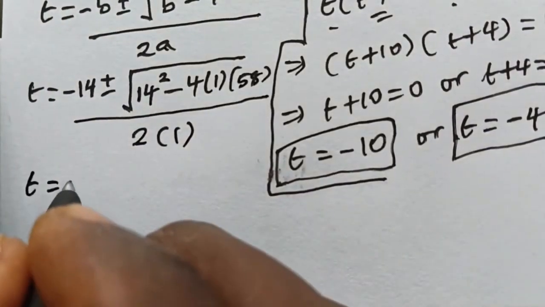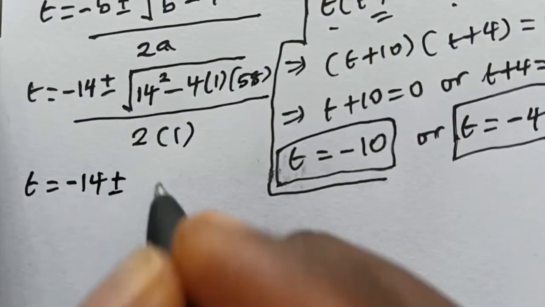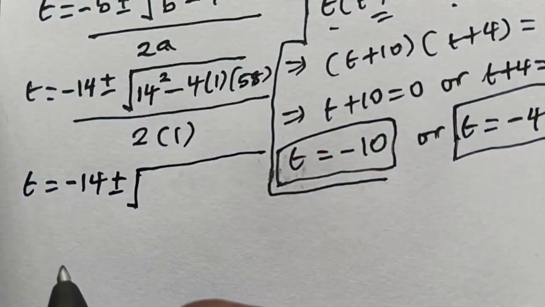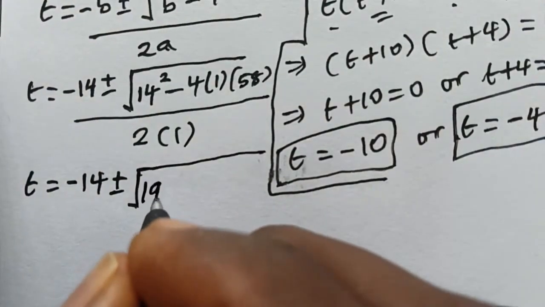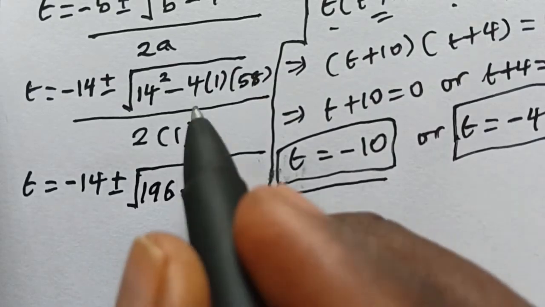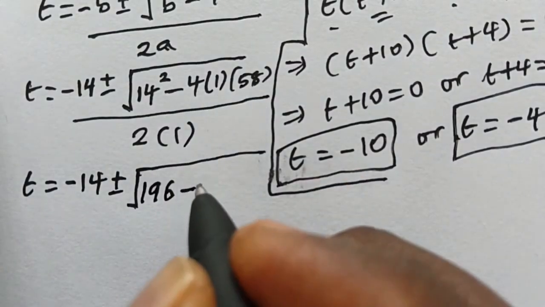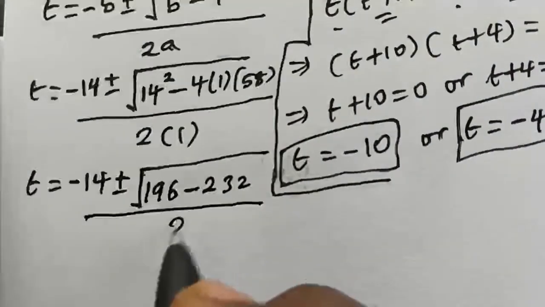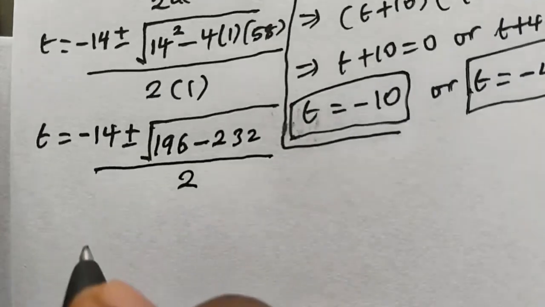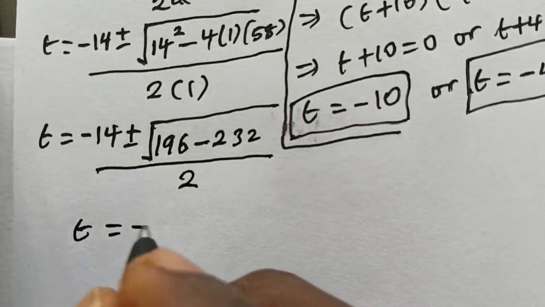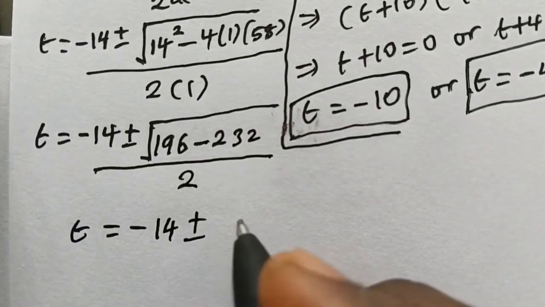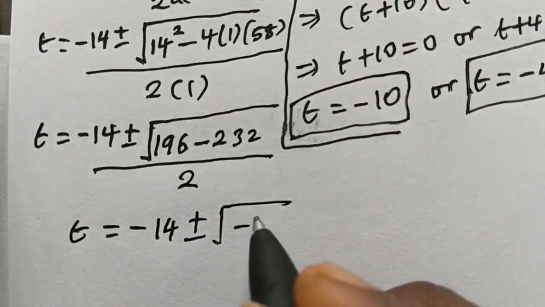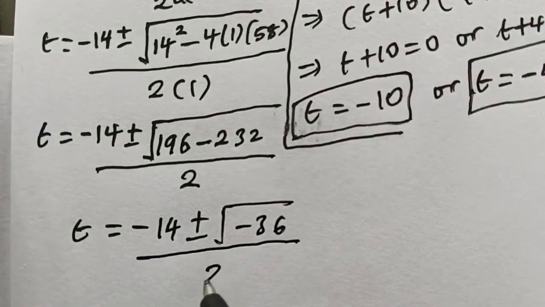Let's proceed further. t equals minus 14 plus or minus the square root of 14 squared, which is what? 14 times 14, that is 196, minus 4 times 1 times 58, that is 232, divided by 2 times 1. Let's continue. t equals minus 14 plus or minus the square root of 196 minus 232, that is negative 36, divided by 2.